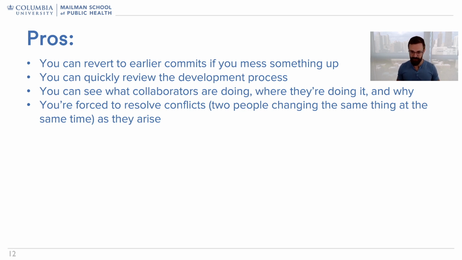And then this last bullet point, I think, is more helpful than you think it is. If two people are changing the same thing at the same time, that's not going to last very long. Git is going to be very clear and very forceful. It's going to stop you and say, you have to resolve this conflict between this version and another version. You have to resolve this before you can be allowed to move forward.